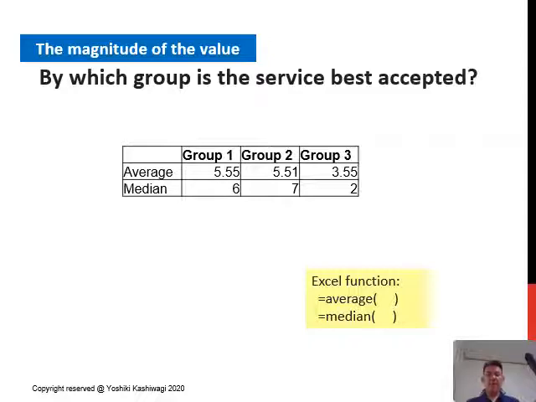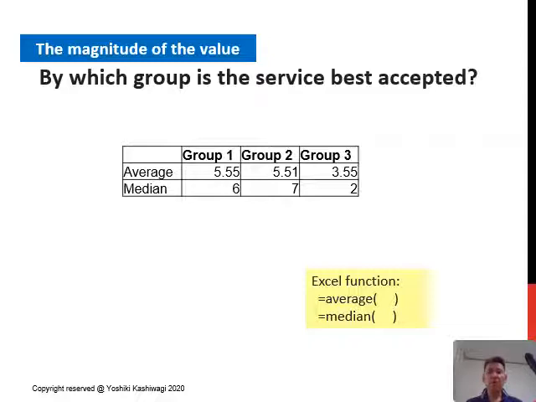If you look at average, there's a slight difference between 1 and 2, but the highest score was from group 1, 5.55. Can you say this service was best accepted by group 1 because group 1 has the highest average?